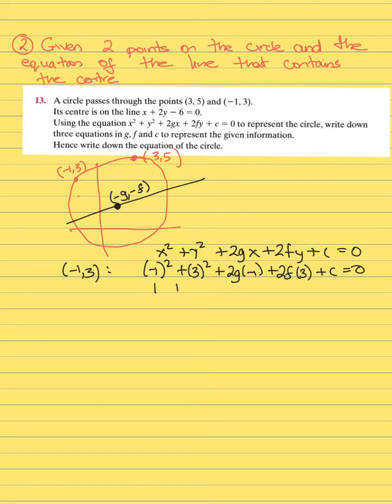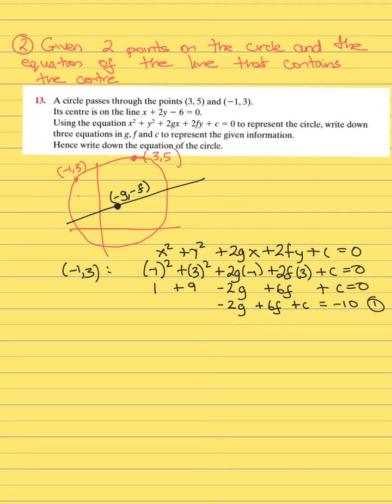So 1 + 9 - 2g + 6f + c = 0. Tidying that up, -2g + 6f + c = -10, and we'll call that equation 1.